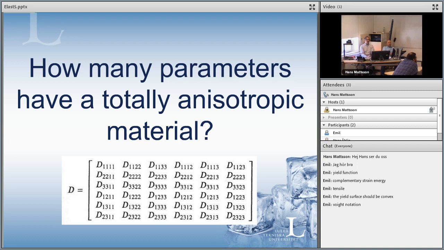How many elastic constants in a totally anisotropic material? Can we get an answer?